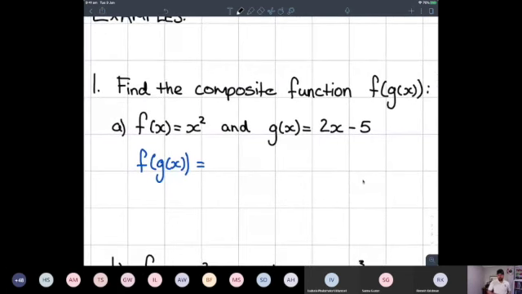Does anyone want to have a go at thinking what this example would look like? I do realize there's a power of 2, so it might be difficult to type. So if you want to turn your mic on and talk it out loud, that's cool.